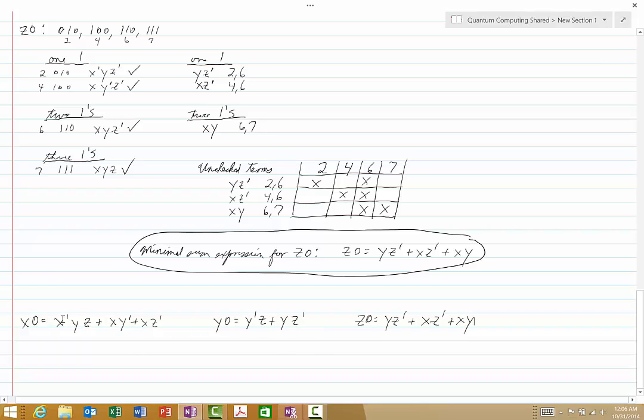But if we construct X0 and Z0 first, and then construct Y0 in the last step, since we have that Y0 is equal to Y exclusive or Z, we could have a controlled NOT gate to get Y0 from the Y and Z lines.